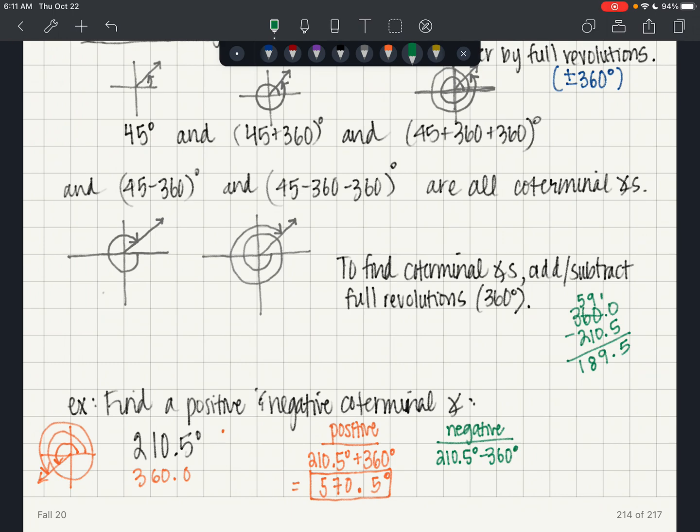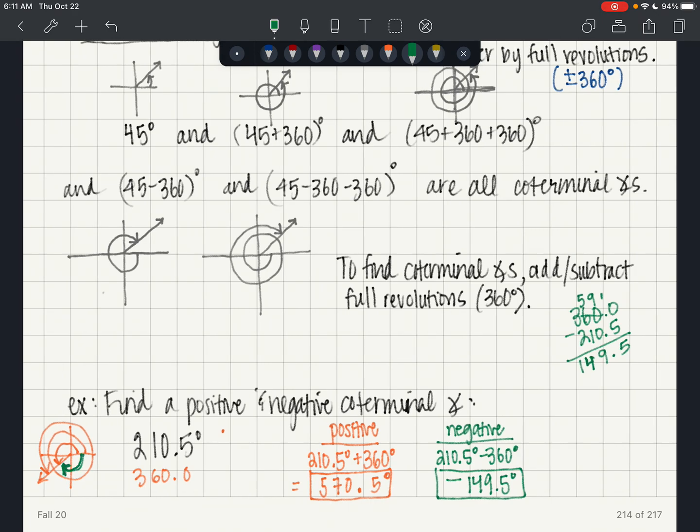Is that right? I don't think that's right. 149.5, most definitely. So that's a negative 149.5 degrees.